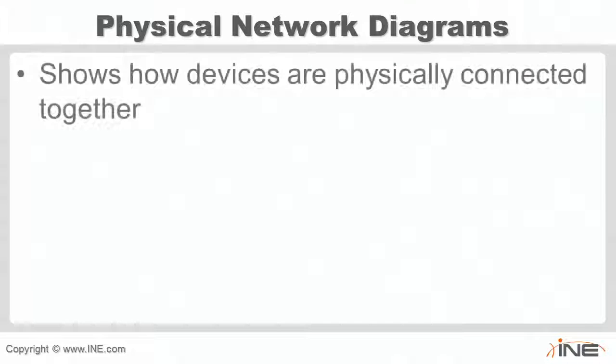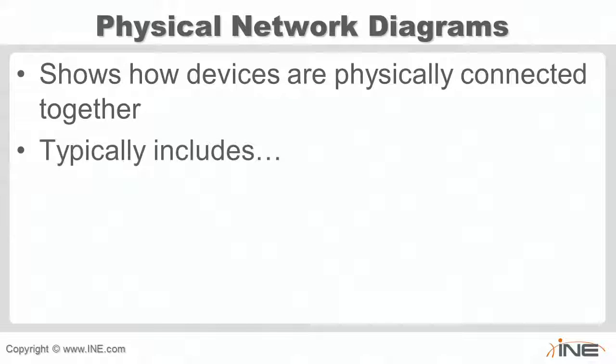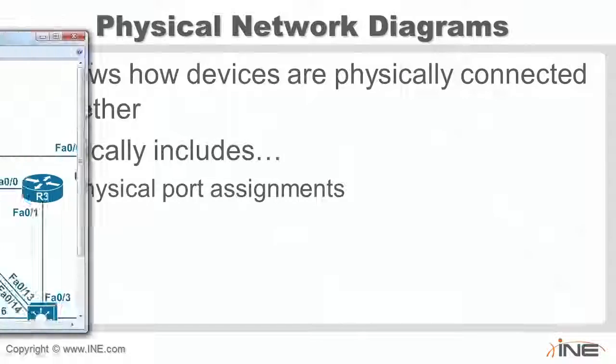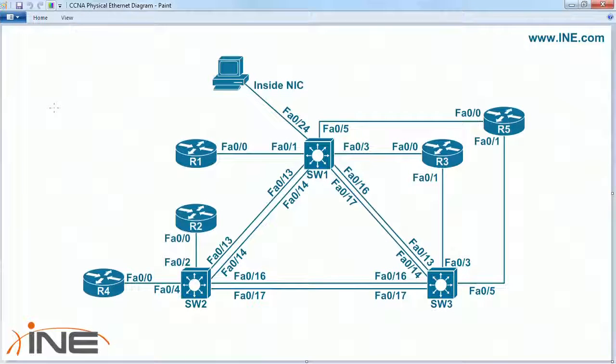So again, the physical one mainly shows how the devices are plugged in, how they are cabled together. So from here you would want to know what the names of the ports that connect the routers are. I have an example of the topology that we're going to use this week, which shows the 3 switches, the 5 routers, and this test PC that we're using.